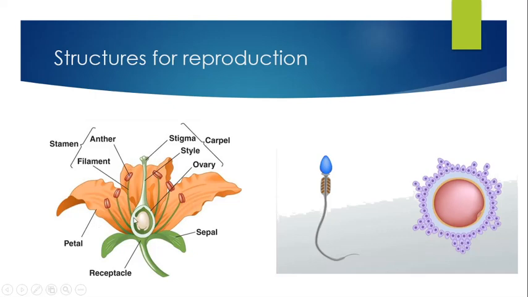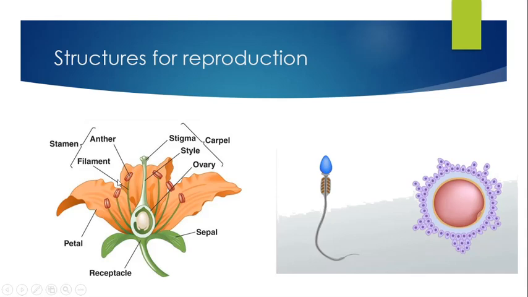Flowers have petals, the colorful part of the plant, which act to attract pollinators. So insects like bees come and do pollination.